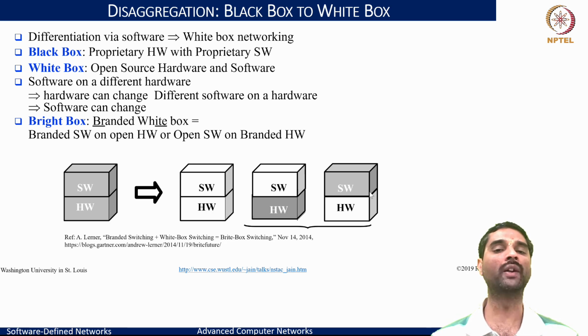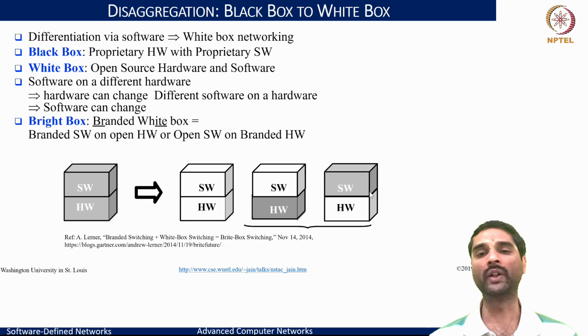And this is what was branded as the brite box model. So SDN, with the disaggregation pattern, is able to facilitate many mechanisms of how to run network elements with proprietary or commodity hardware and software stacks.